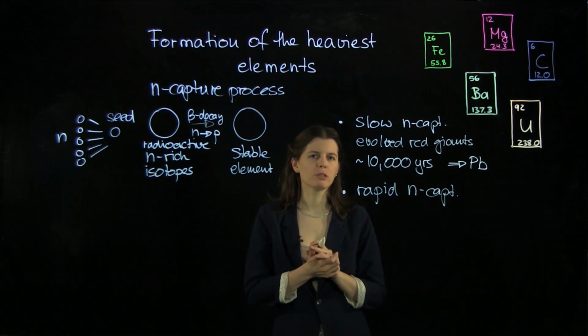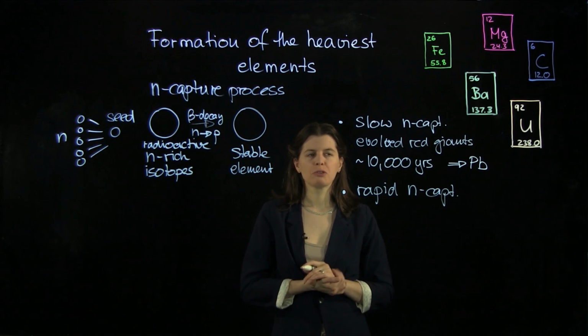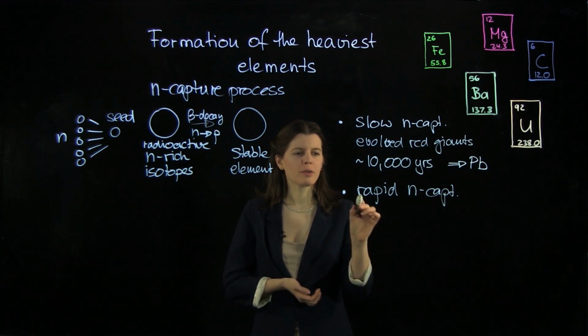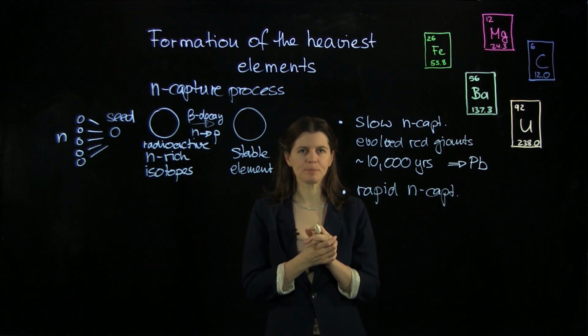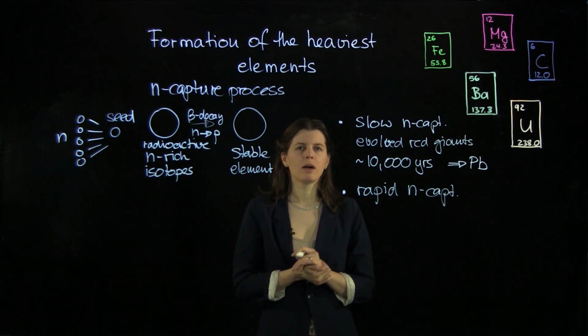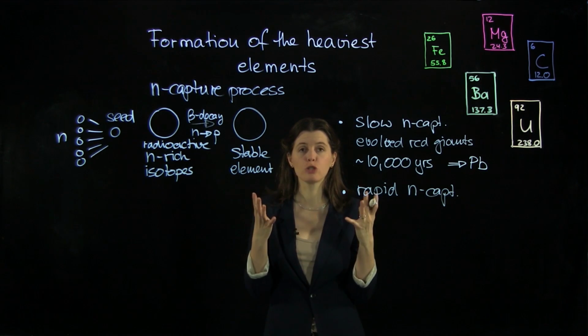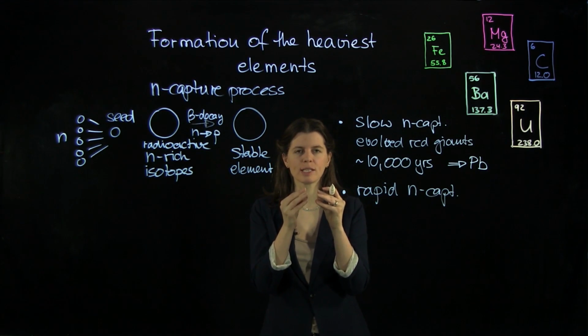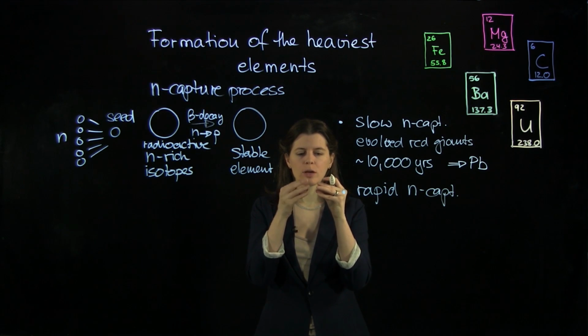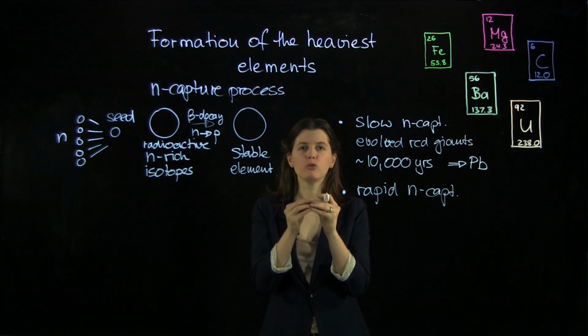Now, in the case of the rapid neutron capture, that really requires much more energetic and extreme conditions. And what recent research has shown is that a rapid neutron flux only operates in two locations. One is perhaps in supernovae. When the iron core collapses at the end of a star's life, it actually implodes and forms a neutron star.